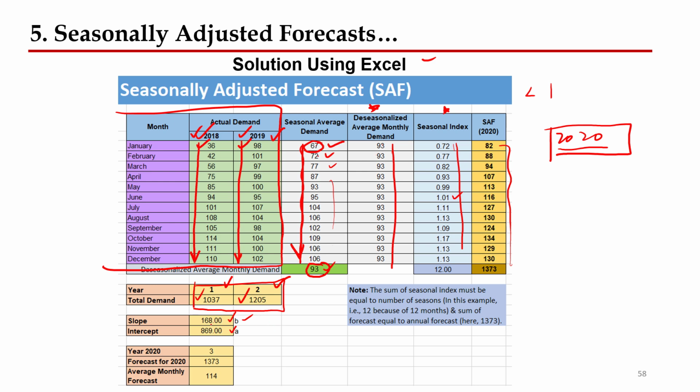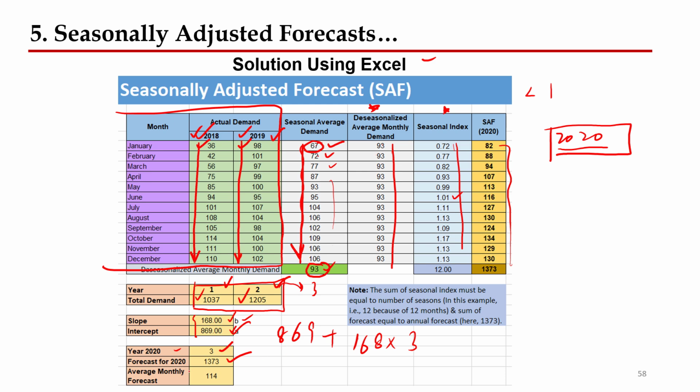Then using these two values, we can predict for the year 2020, which is representing the third year. The value of a is 869, plus the slope, which is 168, multiplied by 3. So we will get the forecasted value of year 2020.